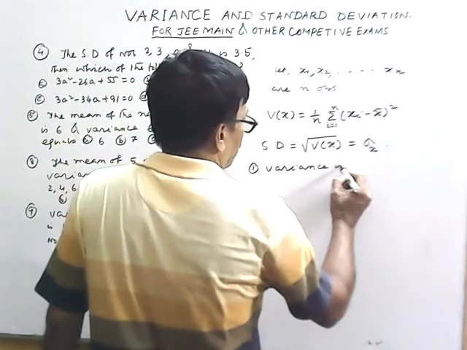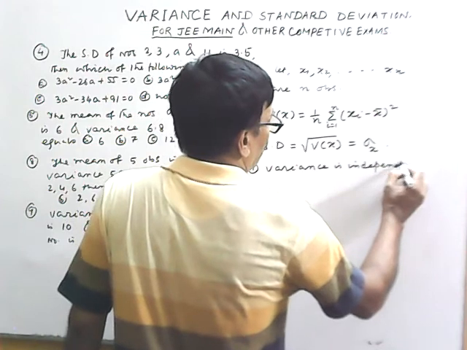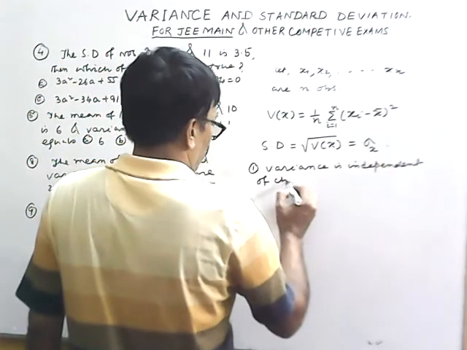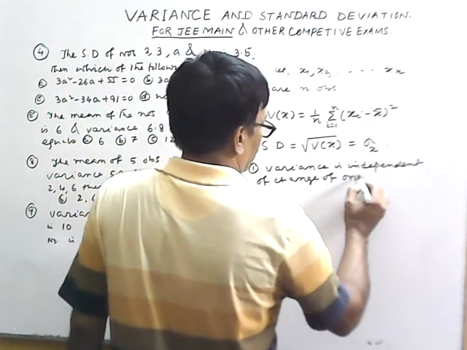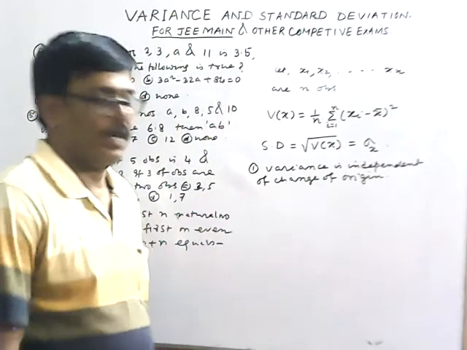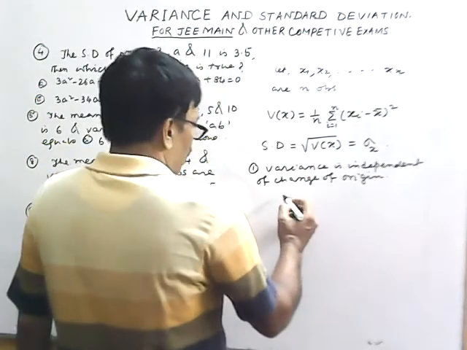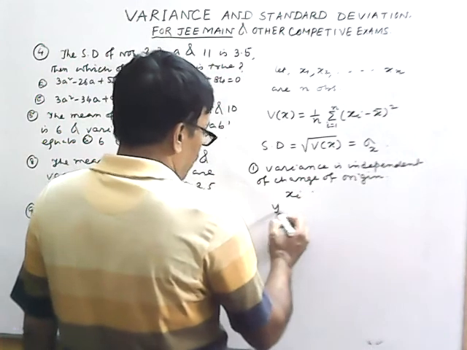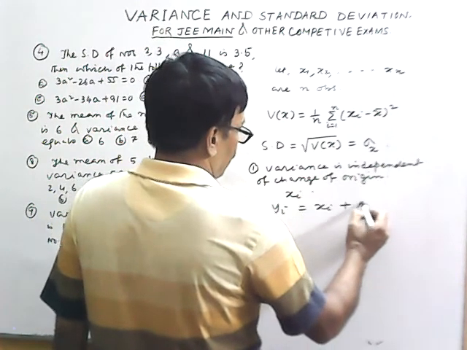Variance is independent of change of origin. That is, suppose the old variable is xi and the new variable yi equals xi plus a.